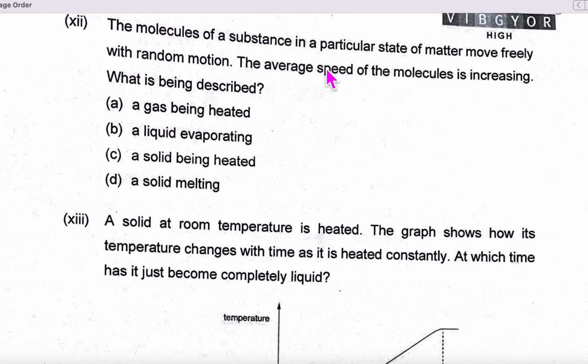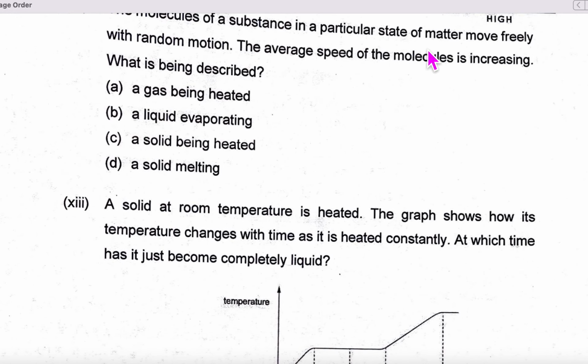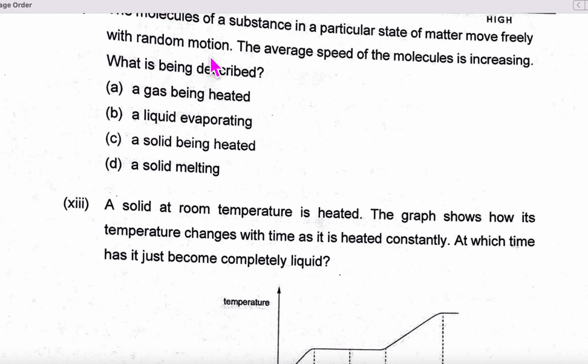The molecules of a substance in a particular state of matter move freely with random motion. The average speed of the molecules is increasing. What is being described? Average speed is increasing means kinetic energy is increasing, no? Yes.